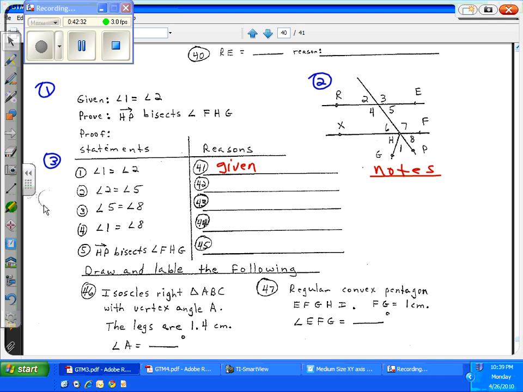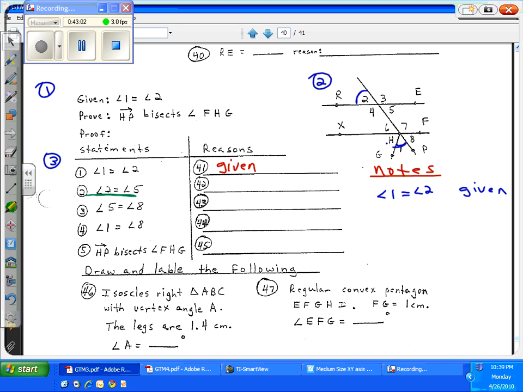I should have taken that given, angle 1 is equal to angle 2, and marked in the diagram what it said. Write down in my note section what I marked, and since what I marked is what I was given, I would have put given. Now there's no other conclusion we can reach from that given, so that's all that would be in the note section. Okay. So now we go to the second statement.